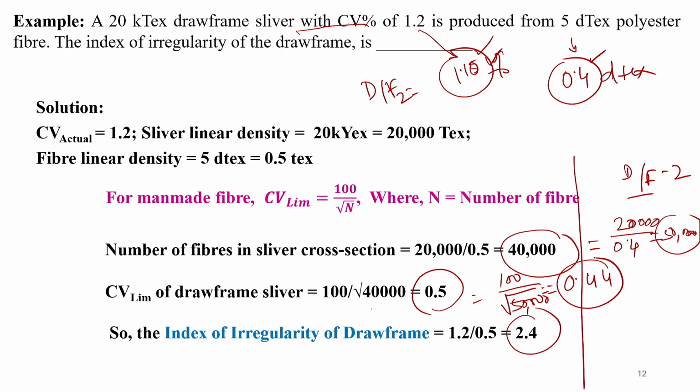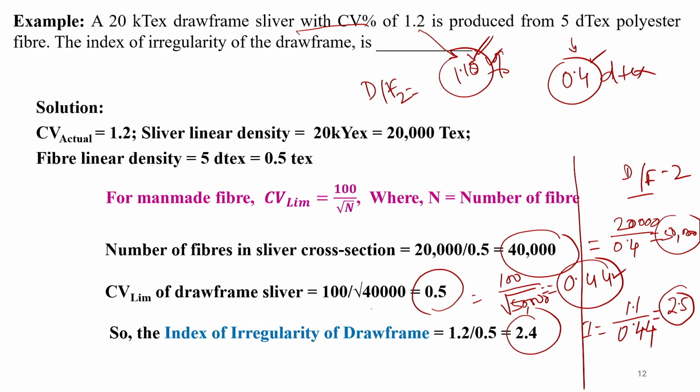So, the index of irregularity will be the actual CV 1.1 divided by the limit CV 0.44. So, it will become 2.5.